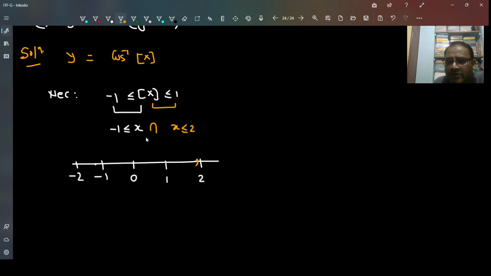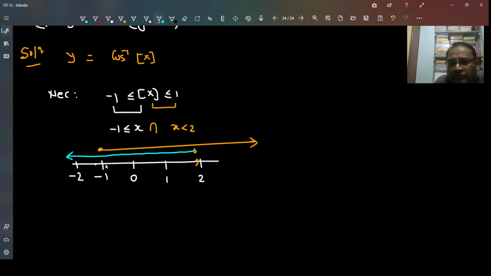So if you do the intersection of this portion, x is greater than or equal to -1. That means from here it starts and goes up to infinity. And x is lesser than 2, not equal to 2, no? Otherwise box becomes 2. So from lesser than 2 it goes up to infinity.